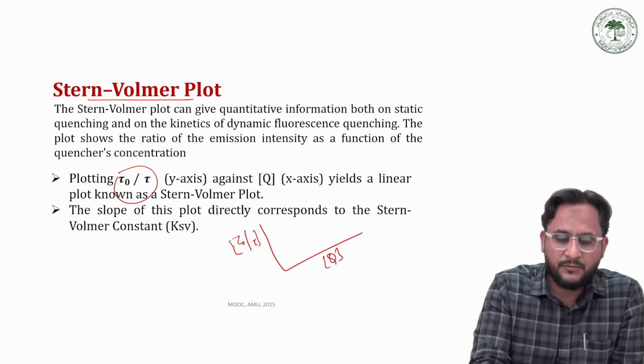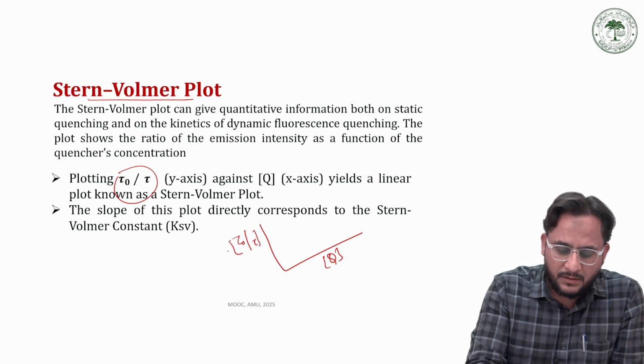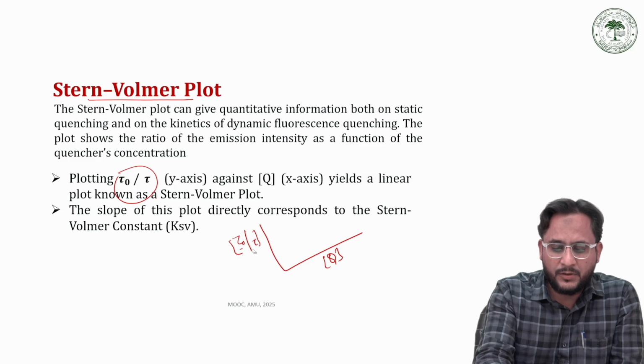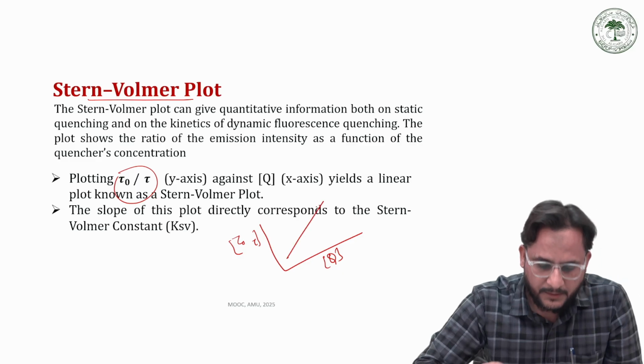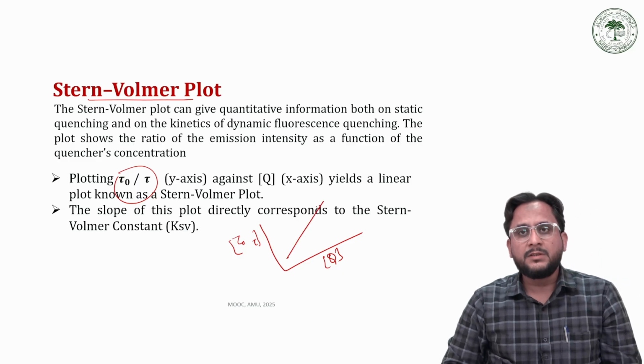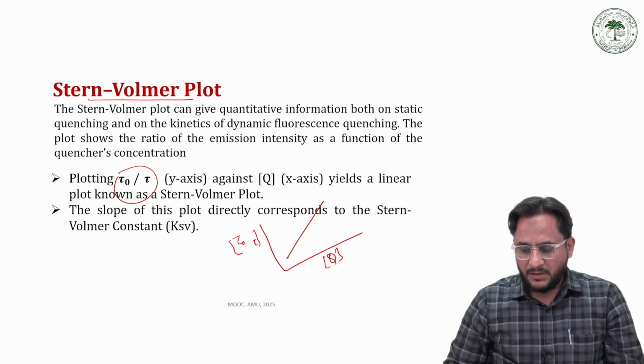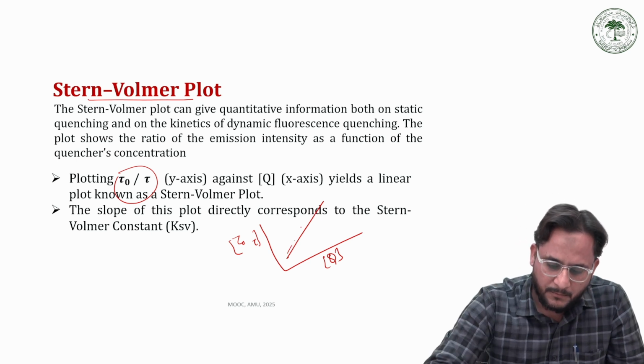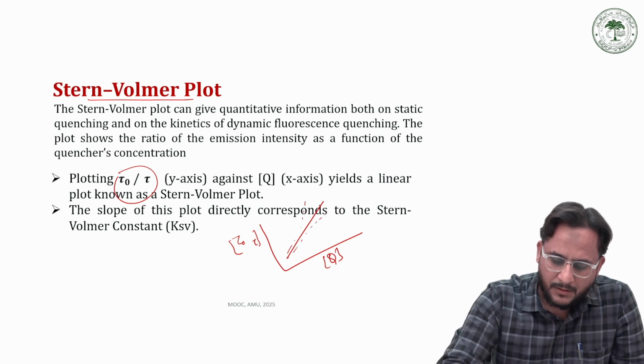Tau naught refers to the fluorescence lifetime in absence of quencher, and tau represents the fluorescence lifetime in presence of a quencher. It comes as a straight line. But due to these dynamic and static quenchings, we may have some deviations from this linear relation.